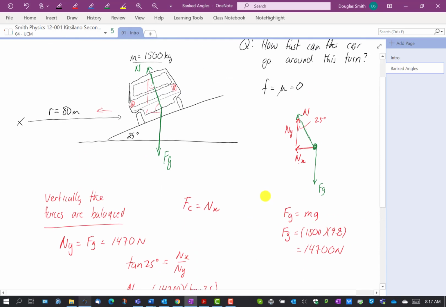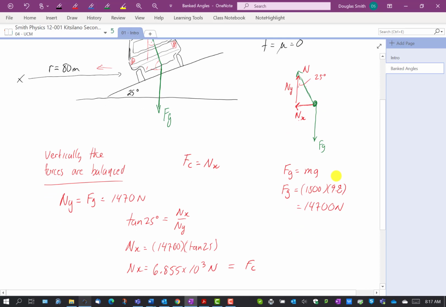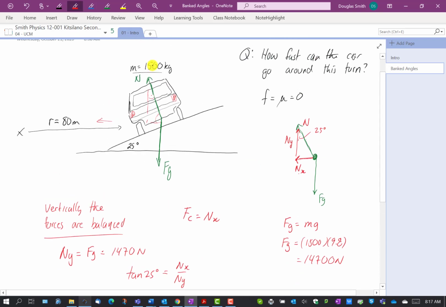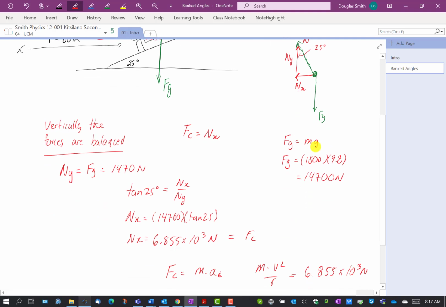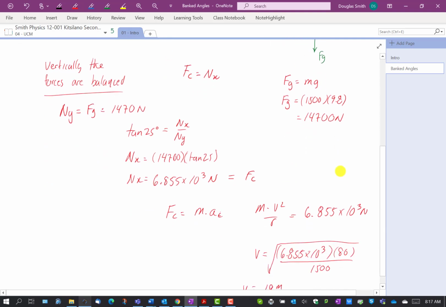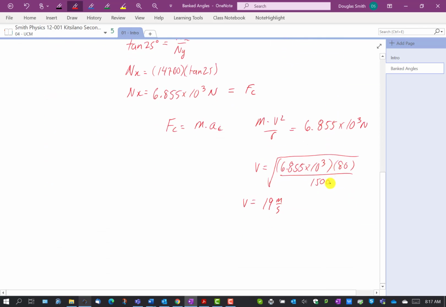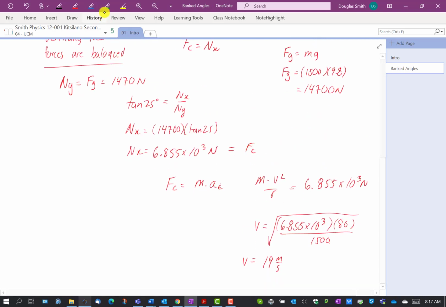Just a thing to take note here, we could do this problem without even knowing the mass, because the question started by using the mass in a calculation for Fg, but at the end we divided by the mass. So let me see if I can work out what this would look like if we didn't include mass. Fg is equal to mg.